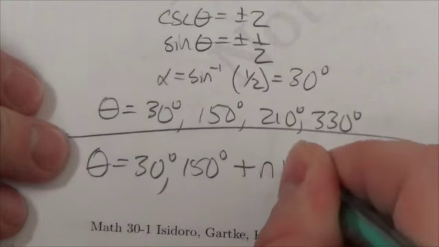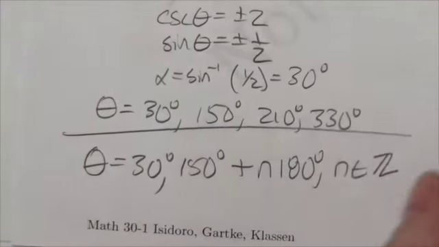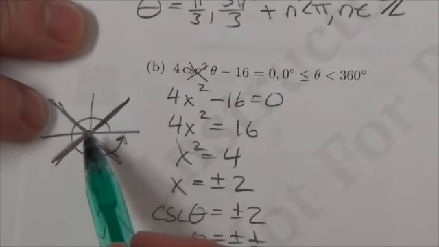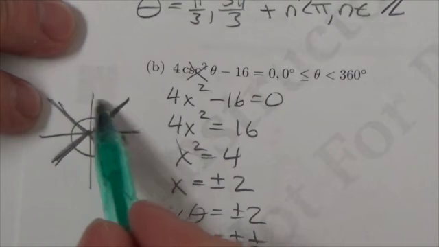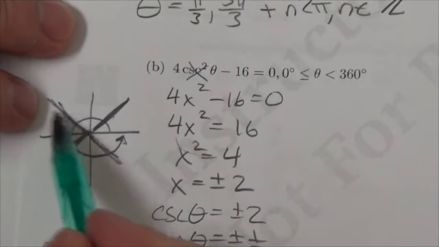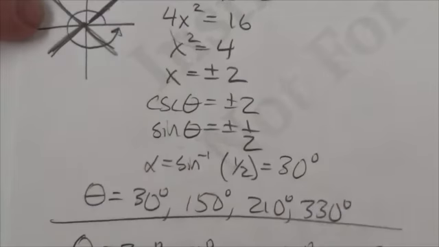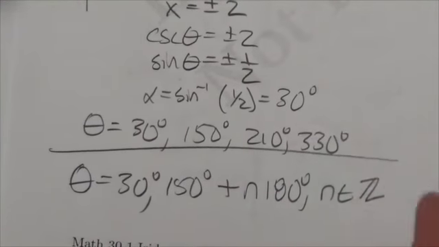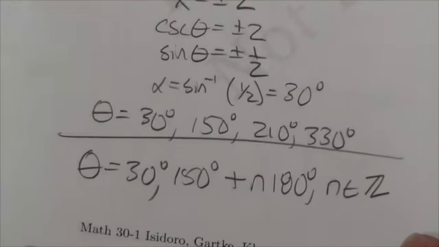What I'm going to add is n times 180, where n is an element of the integers. Because I'm starting with the first and second quadrants, adding 180 to this one gets me down to the 3rd quadrant, adding 180 to this one gets me down to the 4th quadrant, and then the pattern repeats again. So those are the specific solutions in the domain given, and this is going to be enough to represent the general solution over the entire domain.